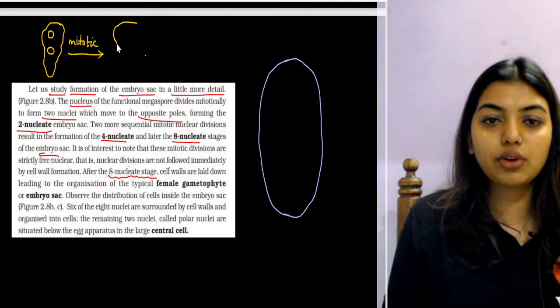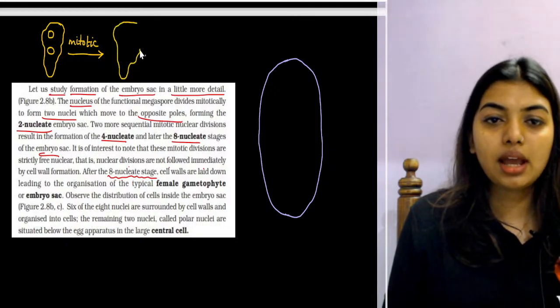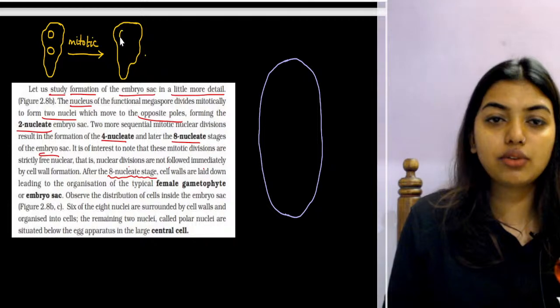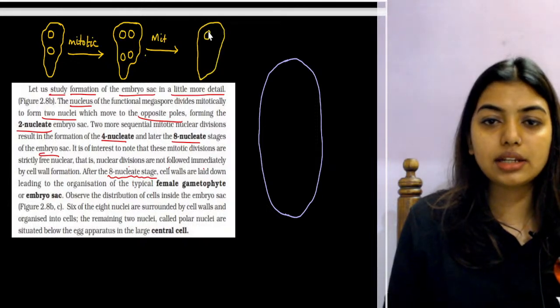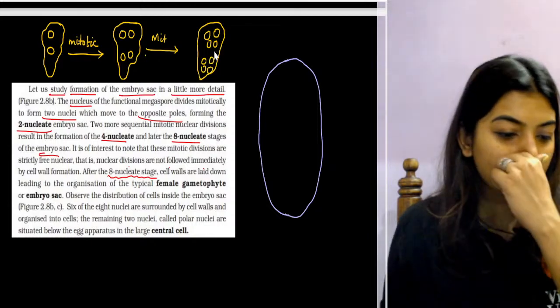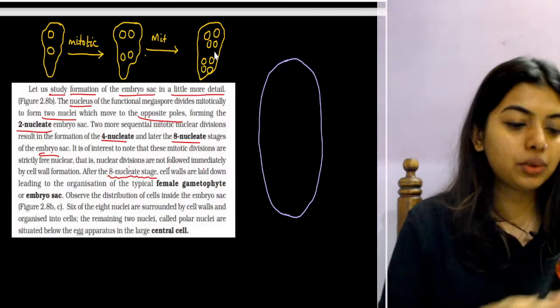Otherwise you are going to see stars in the board exam, because you will not know where this happened. 2 and 2. Again it will undergo mitotic division, and then go through an 8 cell stage. 1 2 3 4 5 6 7 8. Clear? Yes or no, all of you?